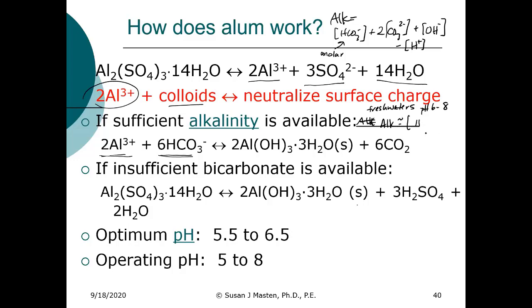In fresh waters, having a pH of around 6 to 8, your alkalinity is approximately equal to your bicarbonate concentration. That's because the hydroxide and hydronium concentrations are small, as is the carbonate. Those concentrations are all much smaller than the bicarbonate, so we can say that the alkalinity is approximately equal to the bicarbonate.